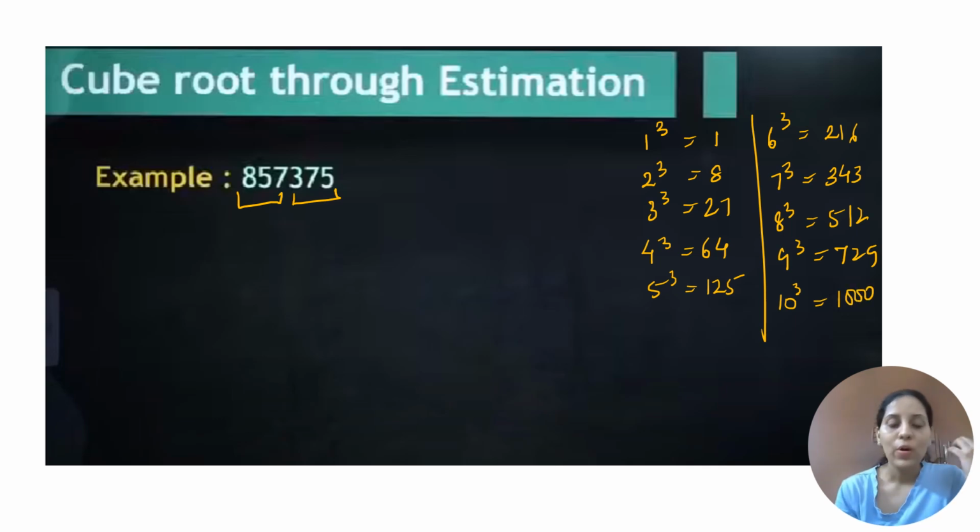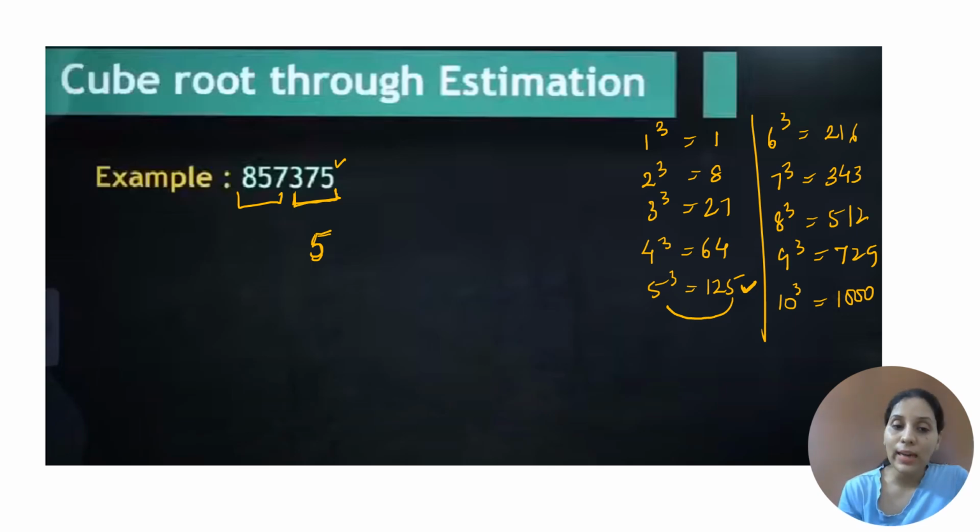Now first, for the last three digits you will only check the ones digit. What is the ones digit? 5. Now where is 5 here in the ones digit? It is here, right? So 125's ones digit is 5 and it belongs to 5. So my last digit is 5. So 5 is for these three digits.